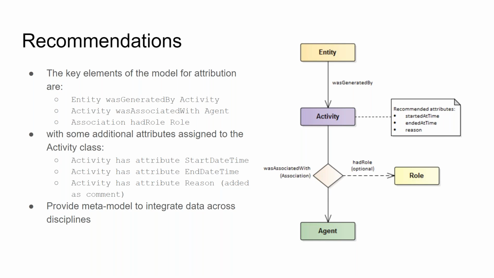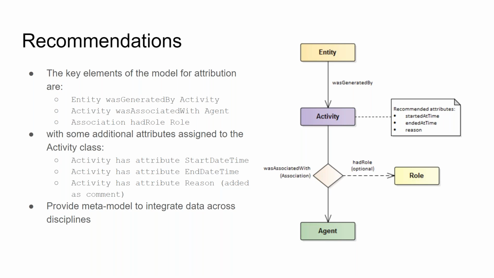Now, this model is based on the provenance ontology, which is a W3C standard. Not every discipline has a standard, and some disciplines already do have a standard. And so what we're thinking is that this can provide a meta model to integrate data across disciplines.